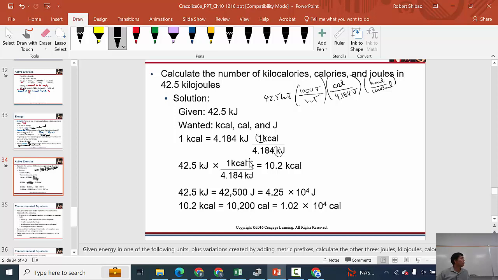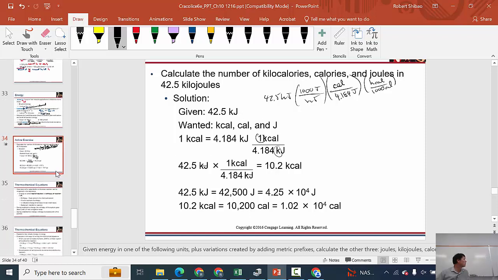And so they did it in 1 step. I would have done it in 3 steps. And then we can convert it to others, calories and regular joules. This would be 42,500 regular joules, etc. So those are just inner conversions between those.